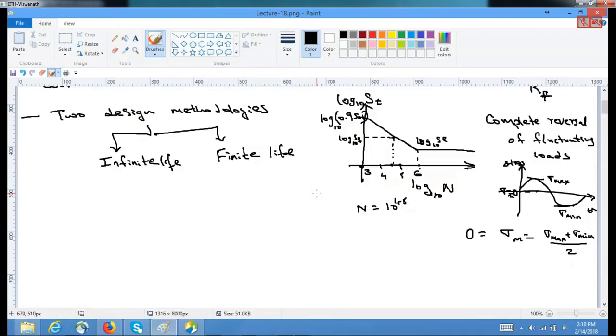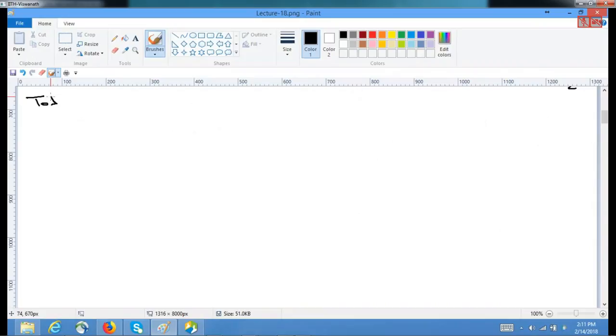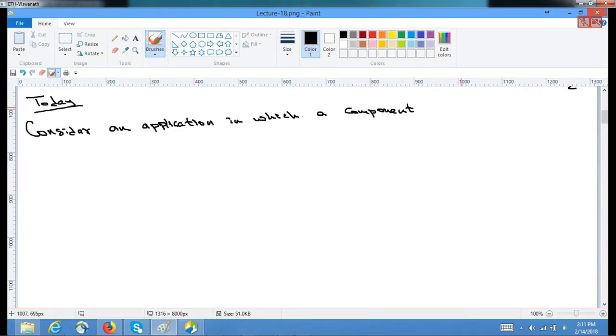So consider a case in which a component is subjected to different stress levels under fatigue.